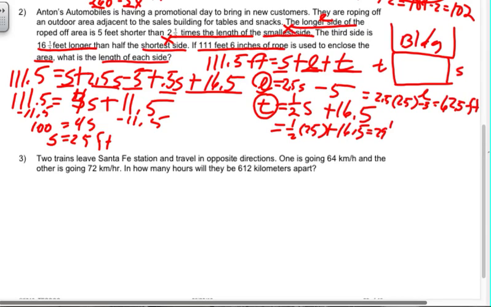Now to justify this, first thing I want to do is check all of this. Remember, S is my shortest side. It was 25 feet. My other two are 62.5 and 29 feet. So my shortest side is indeed shortest. My longest is indeed longest.